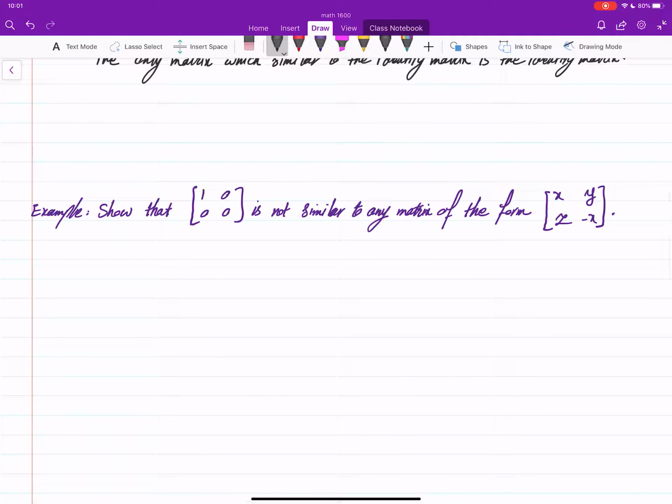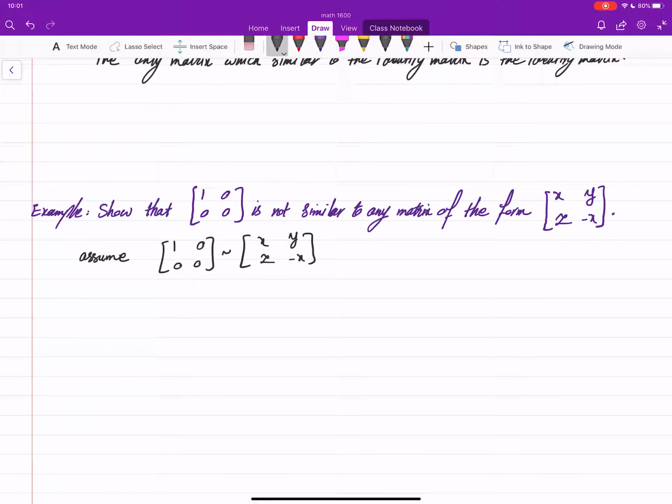Show that the matrix 1, 0, 0, 0 is not similar to any matrix of the form x, y, z, and minus x. Why is that so? Let's assume that this is true. So 1, 0, 0, 0 is similar to x, y, z, and minus x. What does this mean?